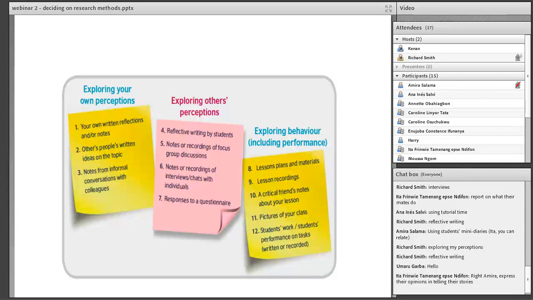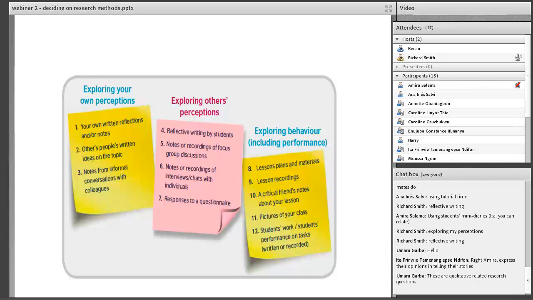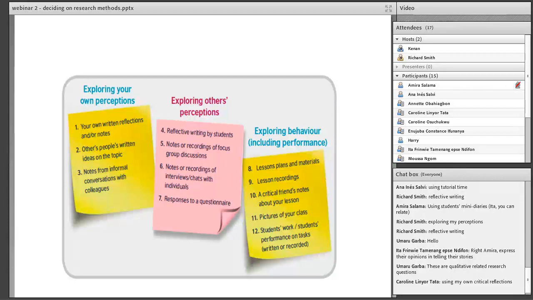Under questions which are about your own perceptions, I've put 3 different ideas, and this is just to review what we've already talked about. Your own written reflections or notes. You can also be reading what other people have written, maybe on the internet. You find some other kind of written reflection about your issue.